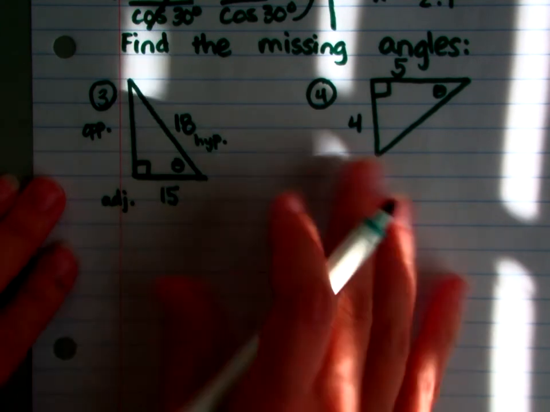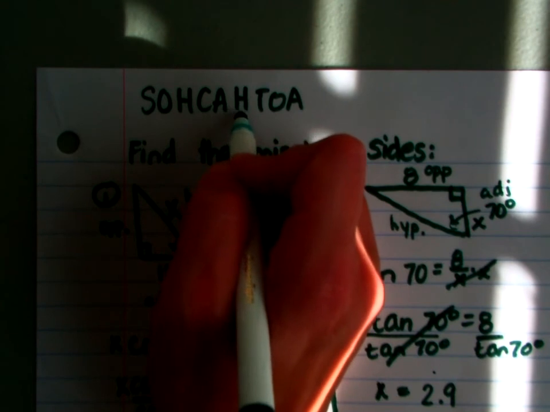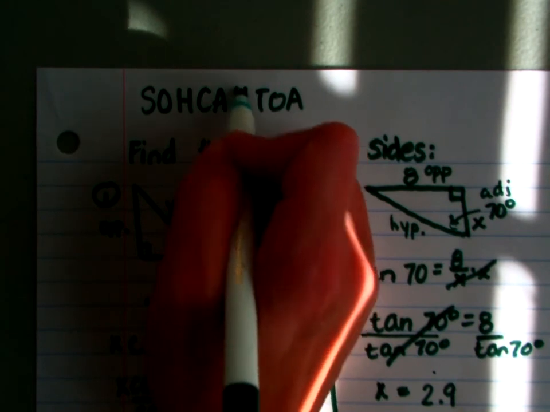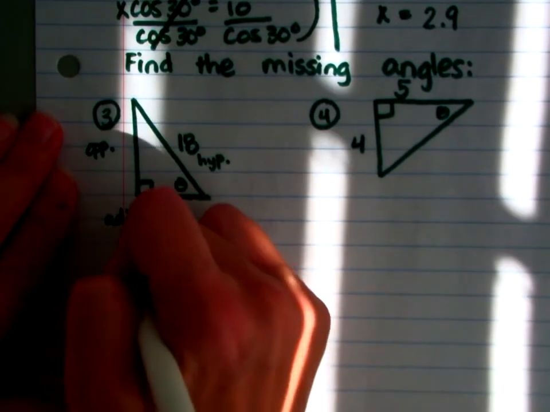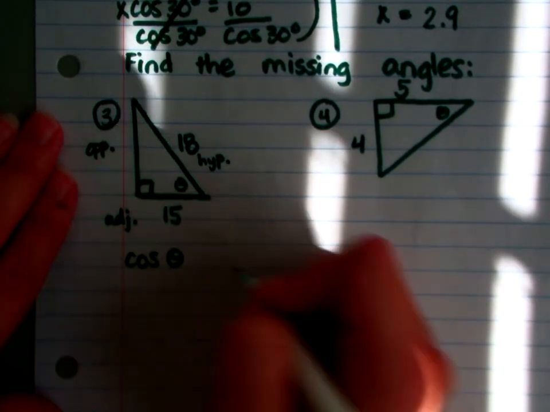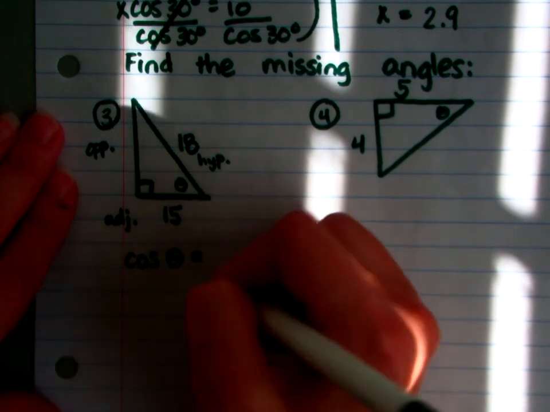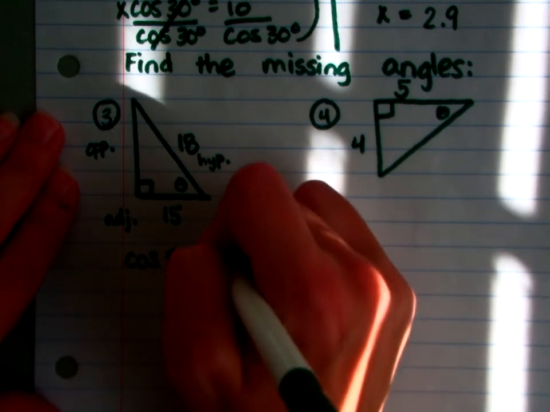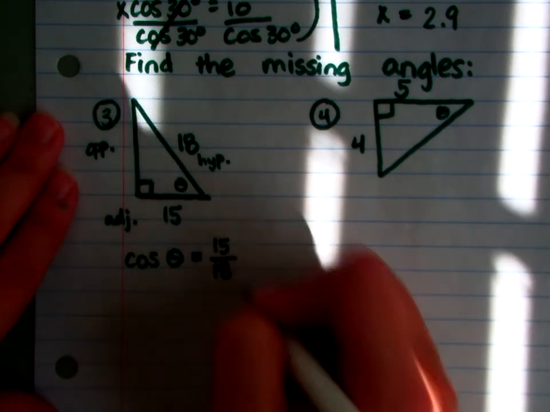In SOHCAHTOA, when we have the adjacent and the hypotenuse, we're going to be using cosine. So we write cosine of theta, because we're trying to figure out that angle measure, is equal to the adjacent side, which is 15, over the hypotenuse, which is 18.